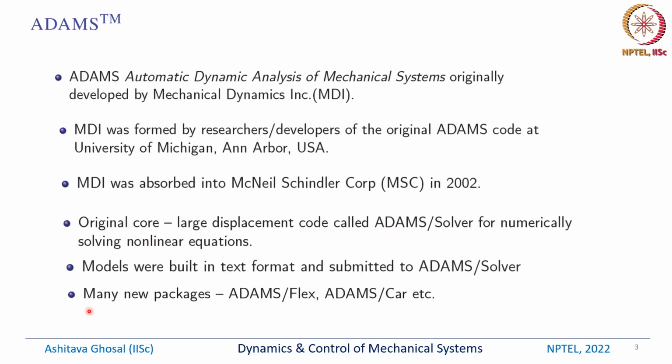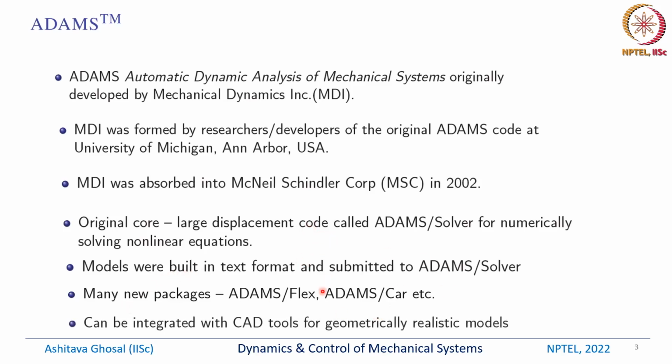Nowadays there are many new packages. There is something called Adams Flex, which is for flexible multibody systems. You can also have Adams Car, where you can model the car and make it move on a road with different kinds of surfaces and tires and so on.